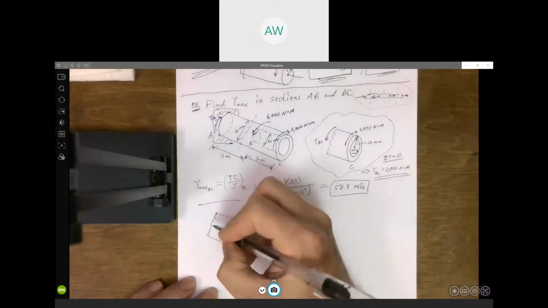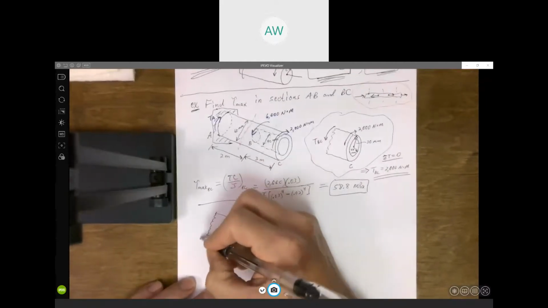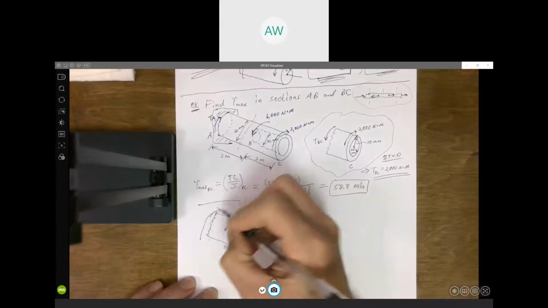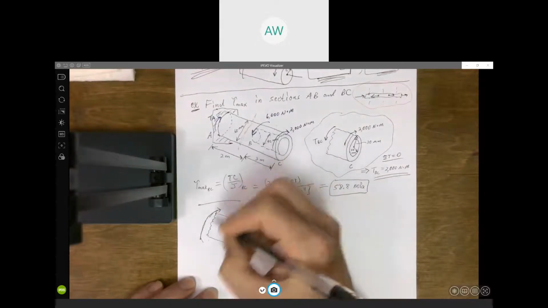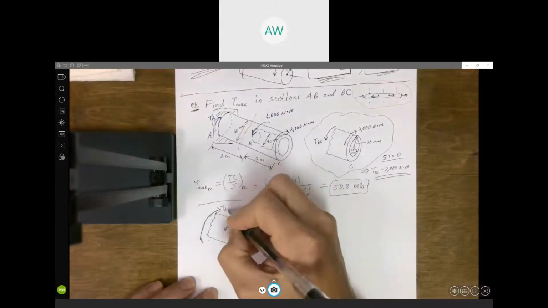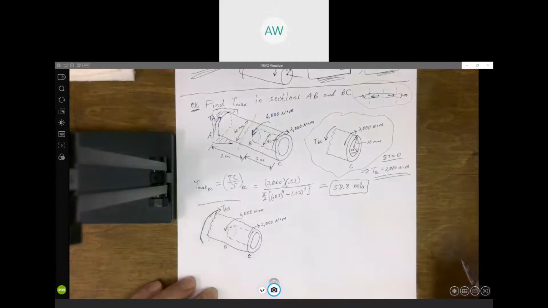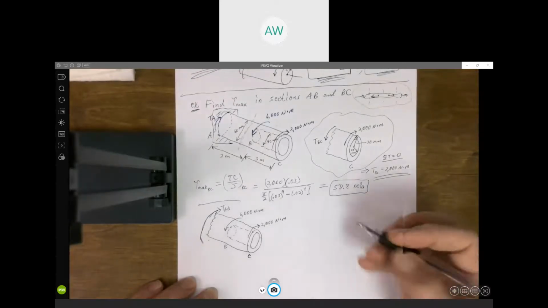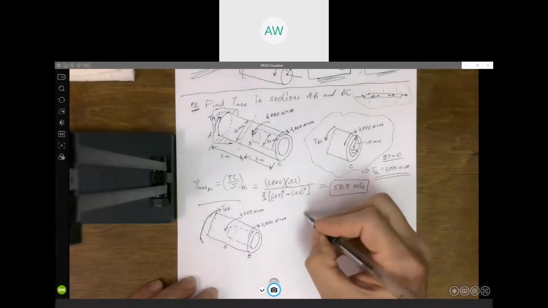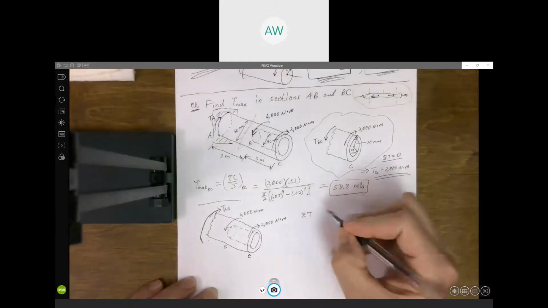And we want to know what is this torque? Call it TAB, the torque in the section of the shaft between A and B. If necessary, you can write down the equation, but hopefully this one is pretty simple and straightforward.